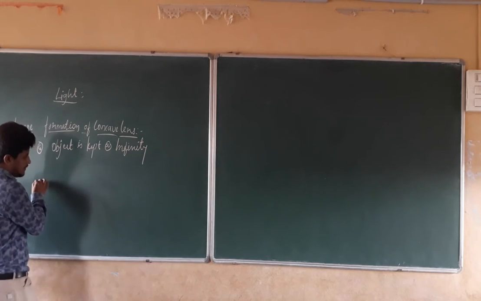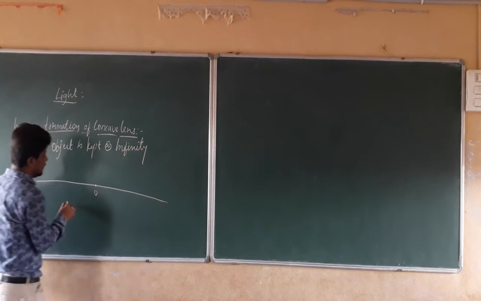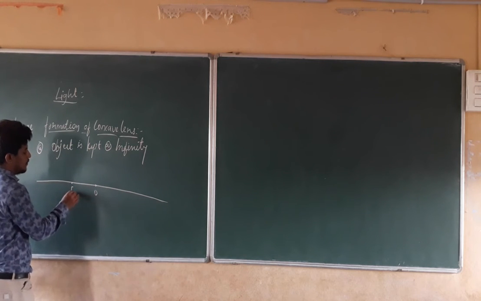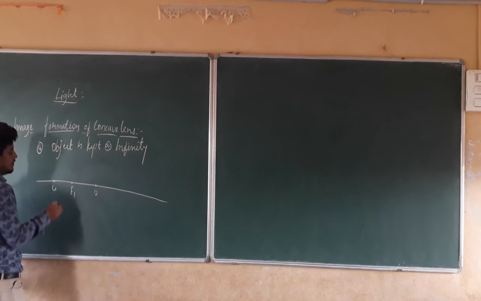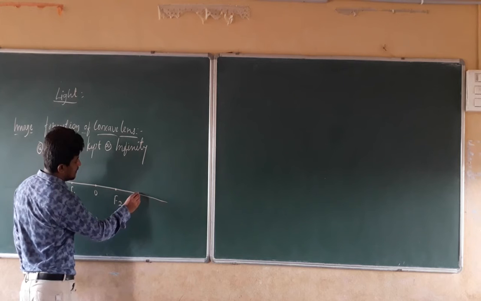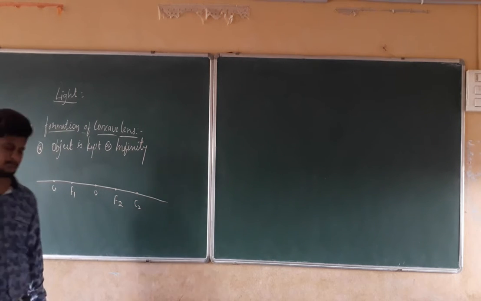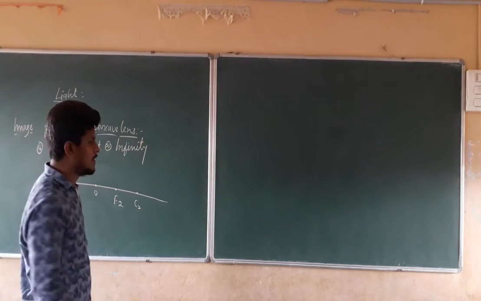If you remember, again we have to take those things: this will be the optic center, this will be the principal focus on the one side, this will be the center of curvature, this will be the principal focus on the second side, this will be the center of curvature on the second side. Now here we have to make some changes.